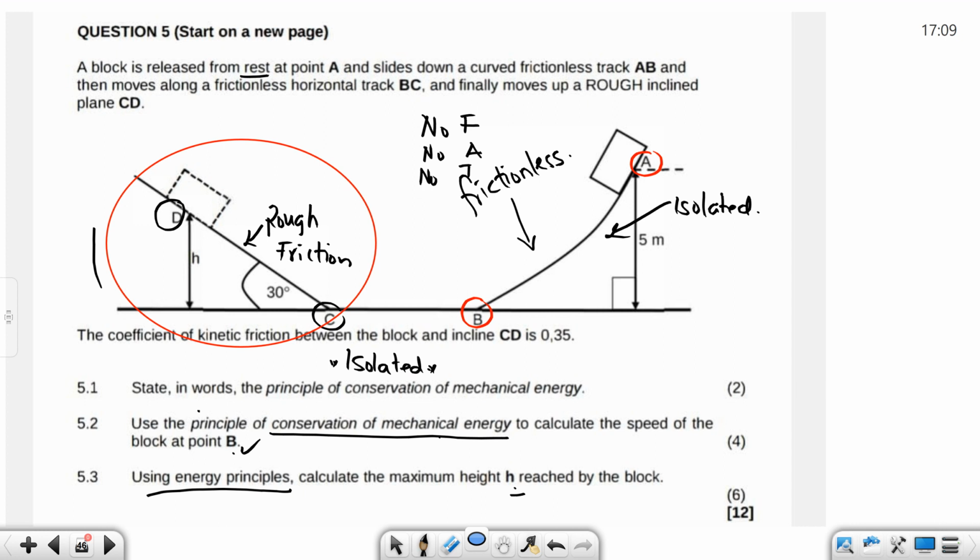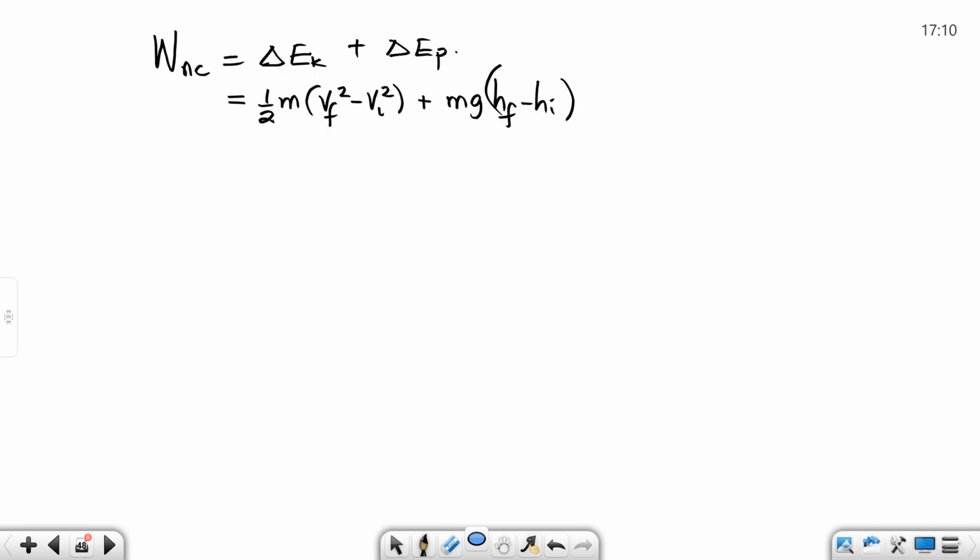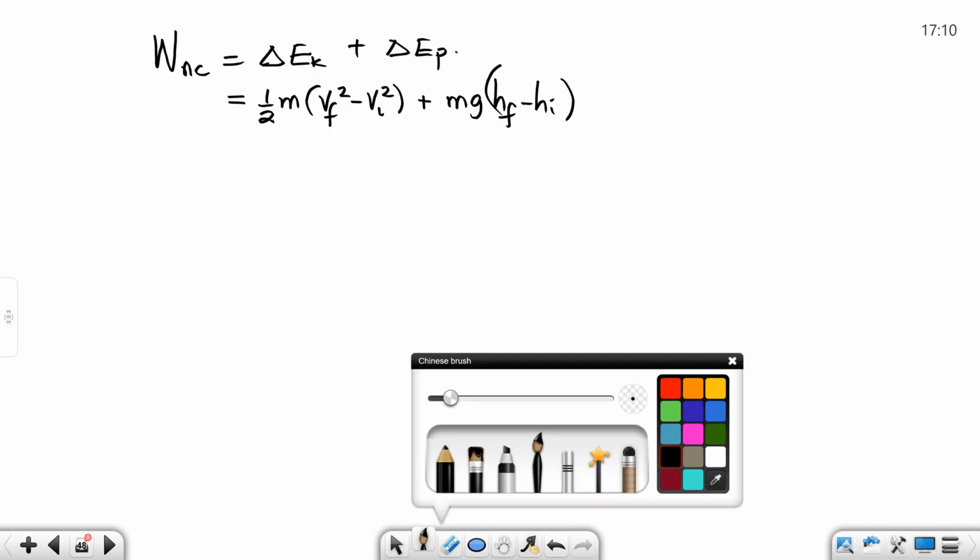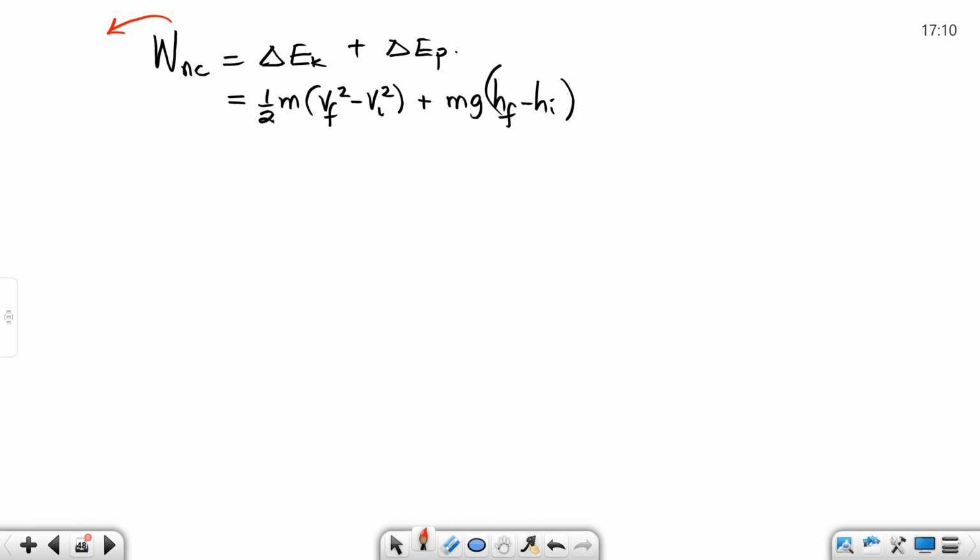The object is not being pushed or pulled, so there's no applied force. There's only one object. If there were two objects and a rope, we would say there is tension. So this is just friction. So when I come back to my formula, the only non-conservative force here is friction. So can I write my formula as friction, delta x, cos theta?